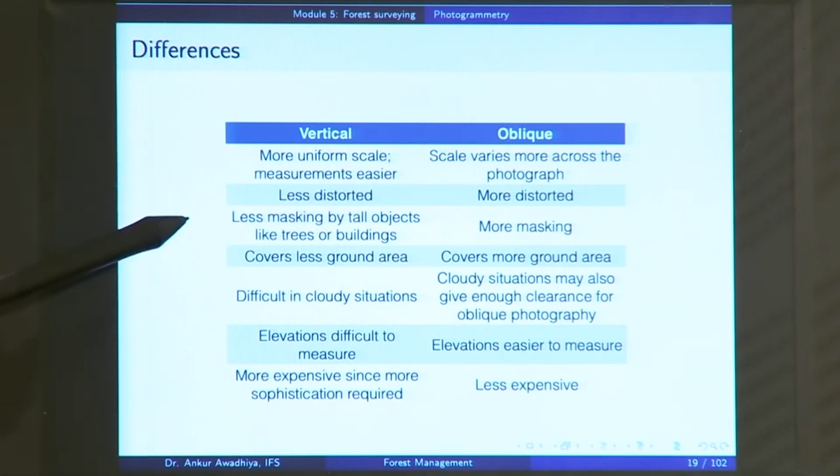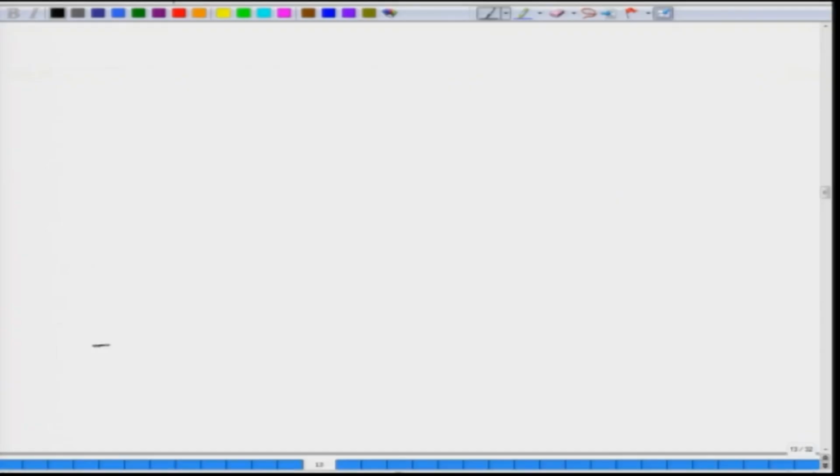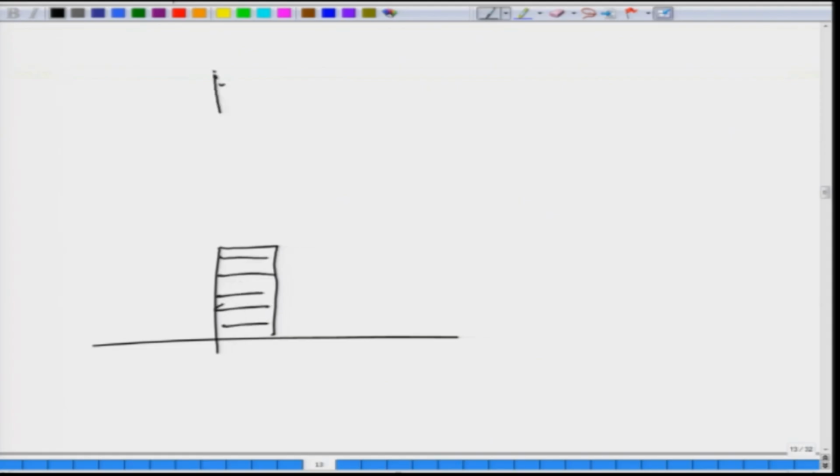In the case of a vertical photograph, there is less masking by tall objects like trees and buildings. In the case of an oblique image, there is more masking. Now, what is masking? Suppose you have a building. If you are taking the image from a vertical angle, you are able to see the building completely.